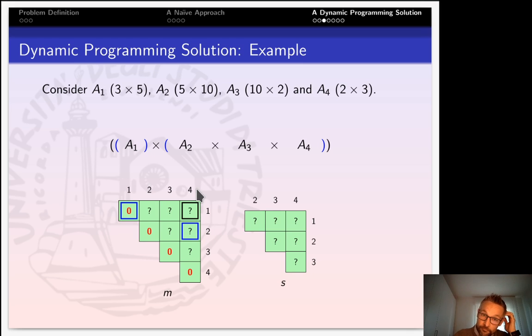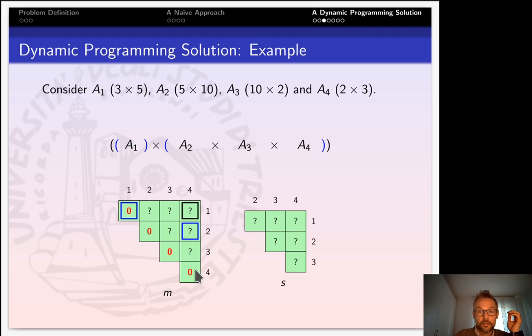Okay, and while this parenthesization, the number of scalar multiplications required to perform it, of course, is contained here. And since we are dealing with a single matrix, the number of scalar multiplications is 0.